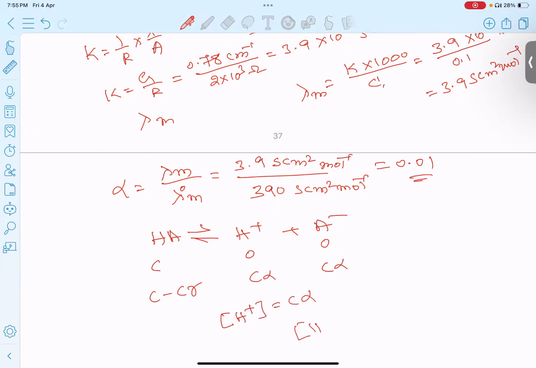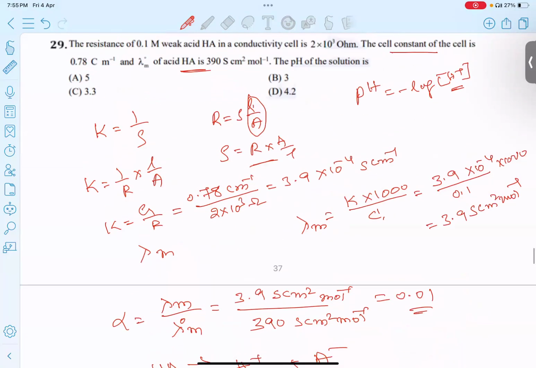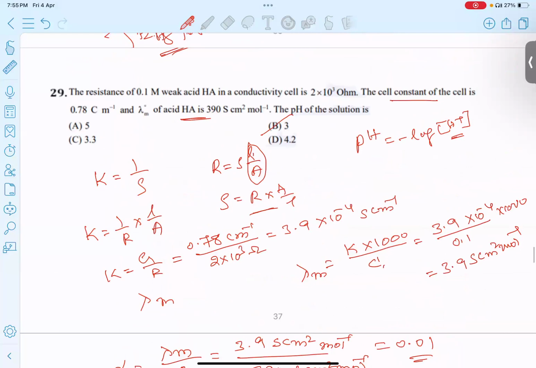C is 0.1 and alpha, just calculated, is 0.01. So the molar concentration of H plus ion is 0.001, that is 10 to the power minus 3. And finally pH is equal to negative logarithm of 10 to the power minus 3, so the pH value is equal to 3. So the correct answer is B.